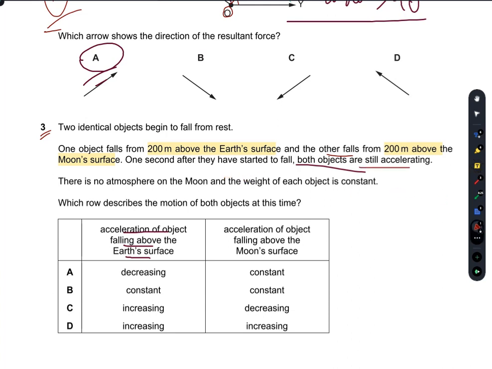There is no atmosphere on the moon, and the weight of each object is constant. So these two objects are of identical weight. Which row describes the motion of both objects at this time? So acceleration of the object falling above the Earth's surface.